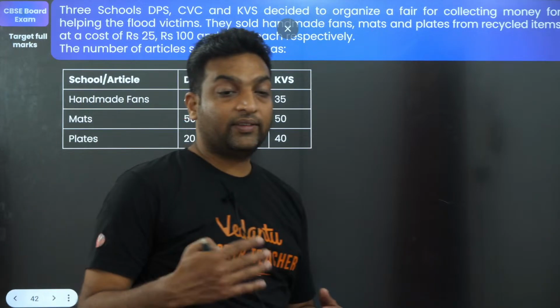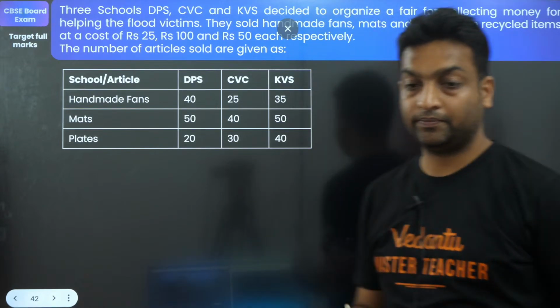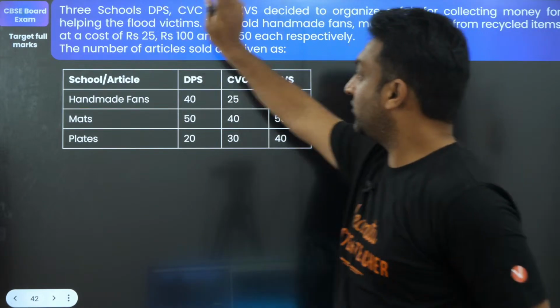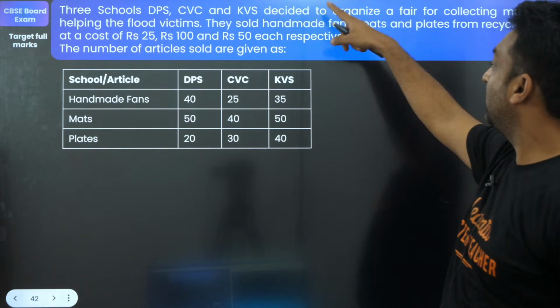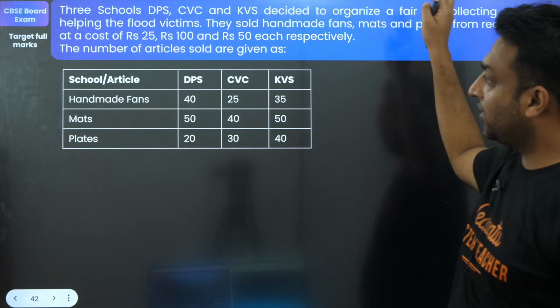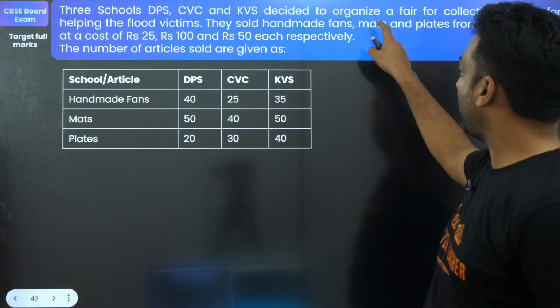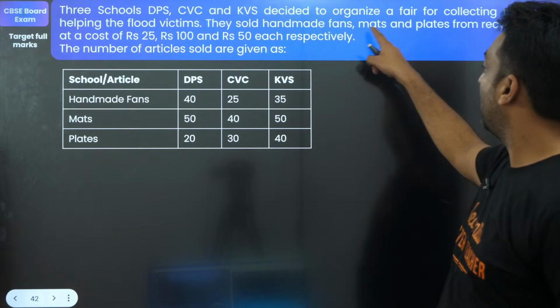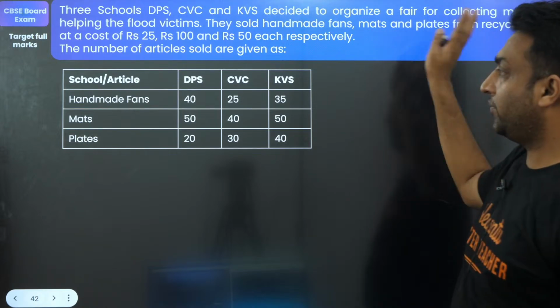Question on matrices. Three schools: DPS, CBSE, KVS. These are three schools. They decided to organize a fair for collection of money, helping the flood victims. They sold fans, mats and plates from recycled items.